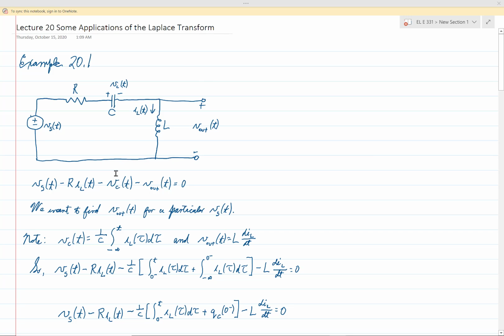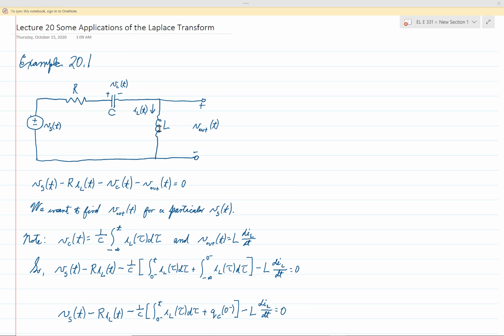In this first circuit, we have a resistor, a capacitor, and an inductor. Vs of t is our source, and the voltage across the capacitor we've defined as Vc of t.